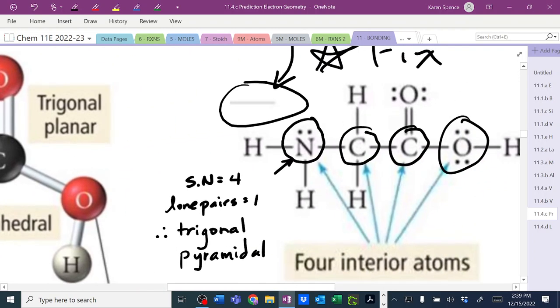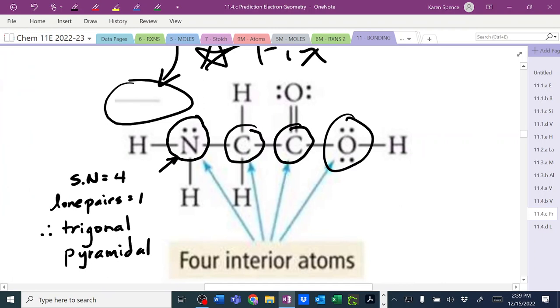Now, we have a carbon here. This carbon here, what is its steric number? Steric number equals 4. Lone pairs equal 0. Therefore, it's sp3, and what's its shape? Tetrahedral.